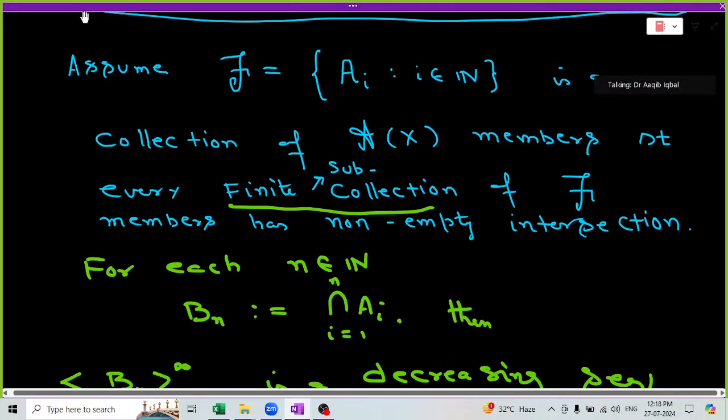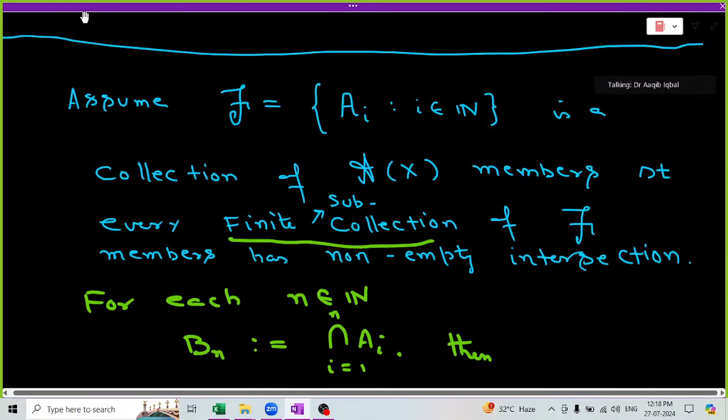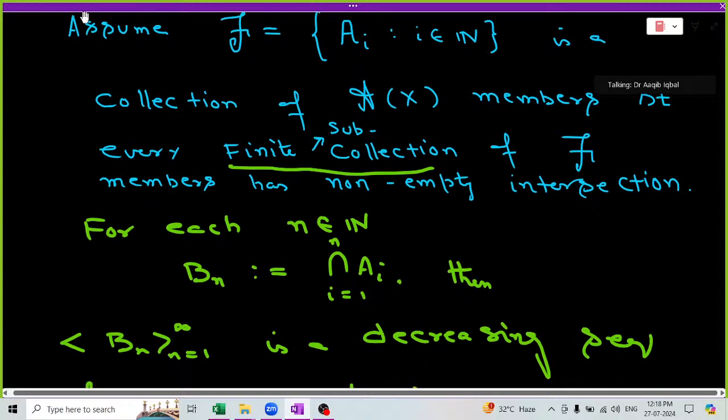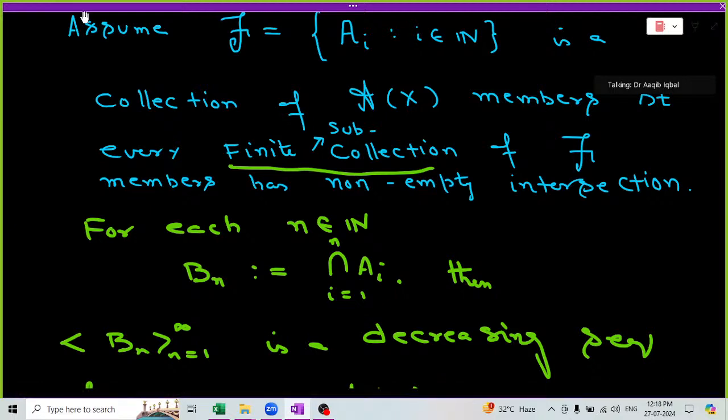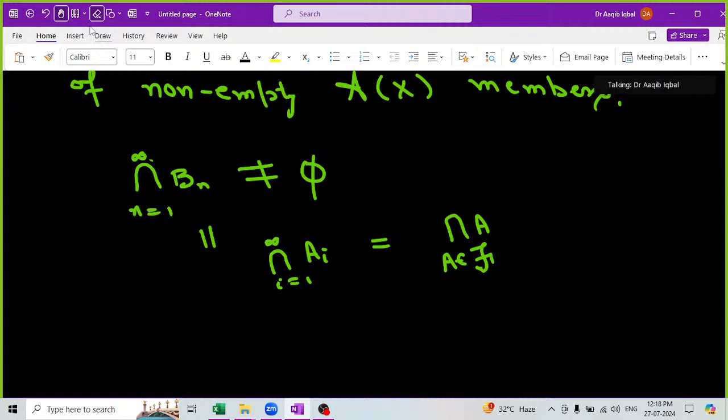Because fancy F is this. और Bn's का intersection, जब सारे Bn's का intersection आप लेंगे, it will be intersection of all the A_i's. It is because of this description of these Bn's. जिस तरह से हमने ये Bn's को define किया, this will ensure that intersection of all the Bn's will be intersection of all the A_i's, which is intersection of all the members in fancy F. So basically intersection of all the members in fancy F will be not phi.